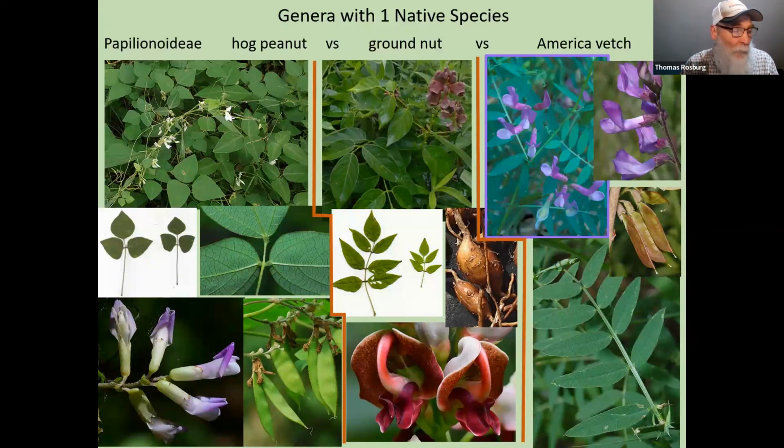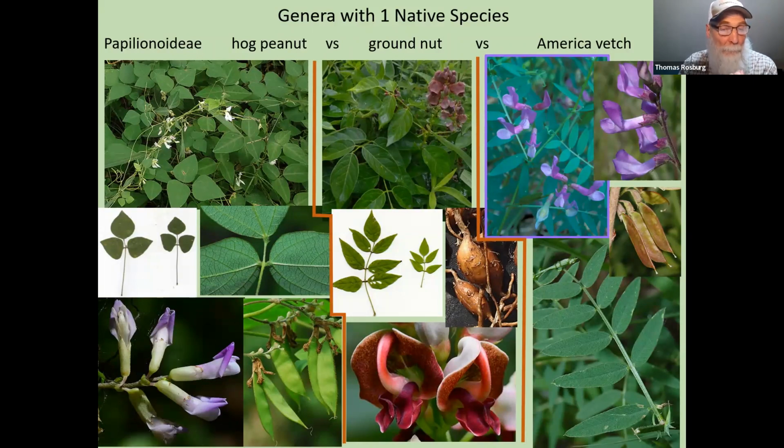In the descriptions of the genus, you'll see a term I use called trifoliate. And trifoliate always means a compound leaf with 3 leaflets. But you can have a pinnately trifoliate leaf or a palmately trifoliate leaf. And what you see right here for hog peanut is a pinnately trifoliate.